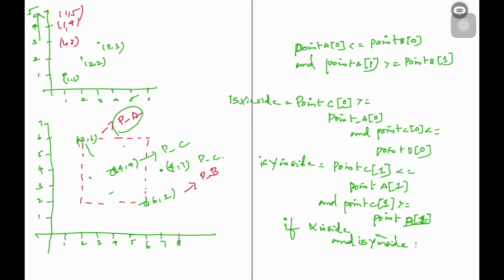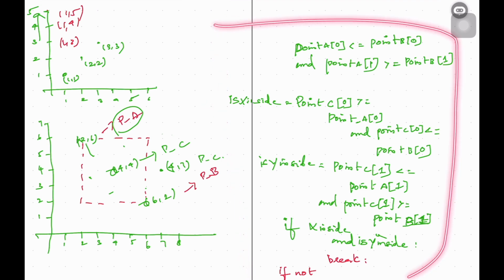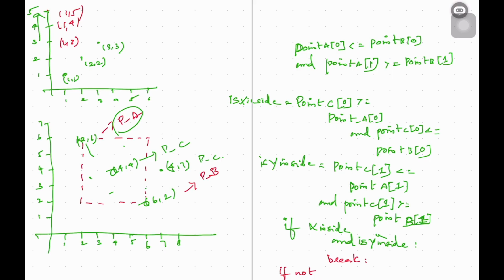So now you can just break the loop if that's the case. If not, you can add it to the count. So yeah, this is the exact approach that we are going to use to solve this question.